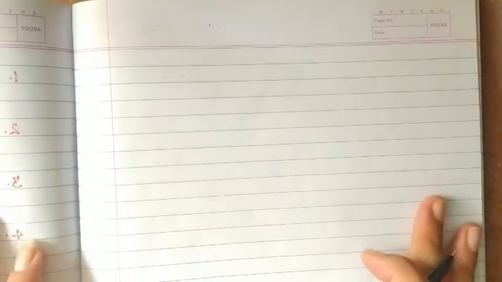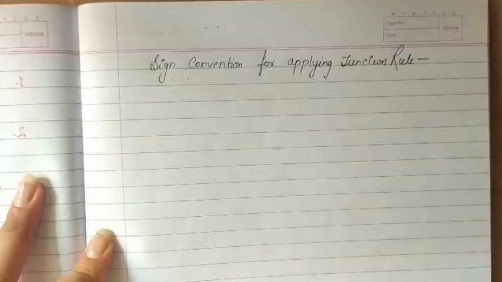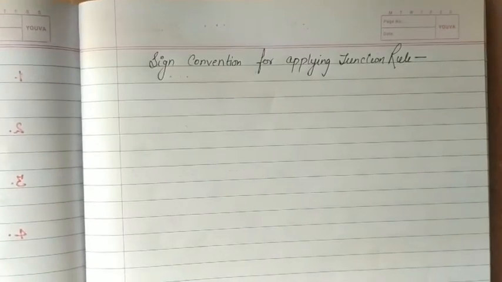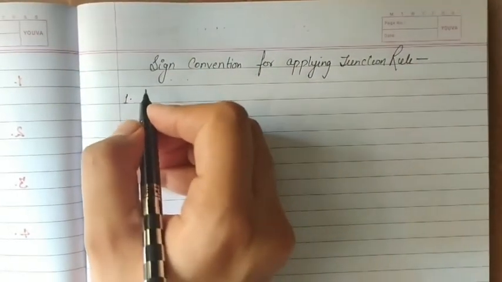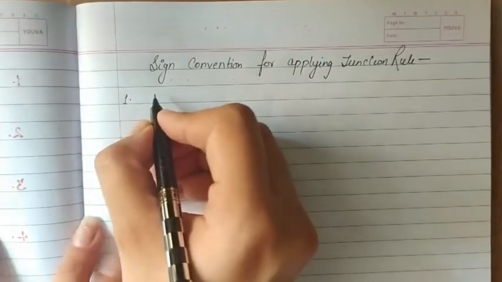For applying Kirchhoff's first law in any electric network, there is a sign convention that we have to know. So the sign convention for applying the junction rule is: first, the currents flowing towards the junction are taken as positive.